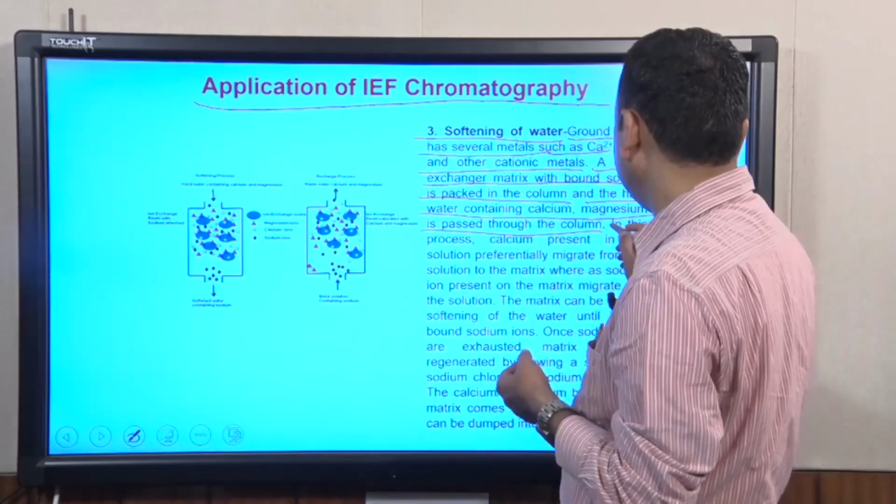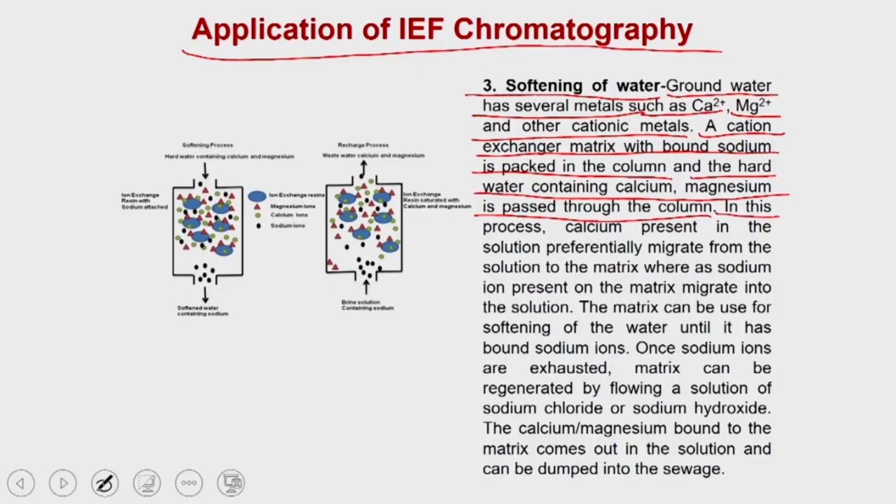So, in this process, the calcium, magnesium or other heavy metals present in the solution preferentially migrate from the solution to the matrix, whereas the sodium ion present on the matrix migrates to the solution.